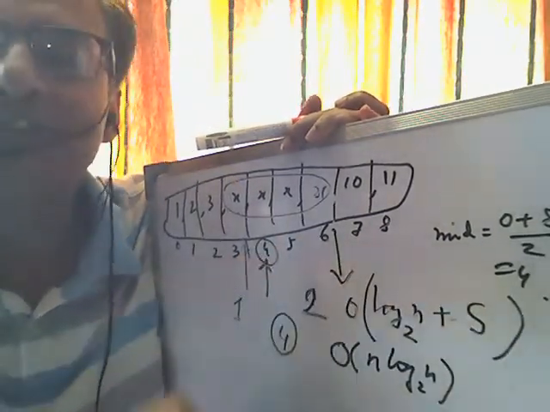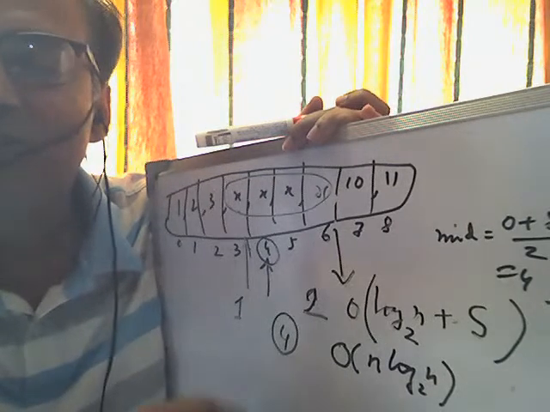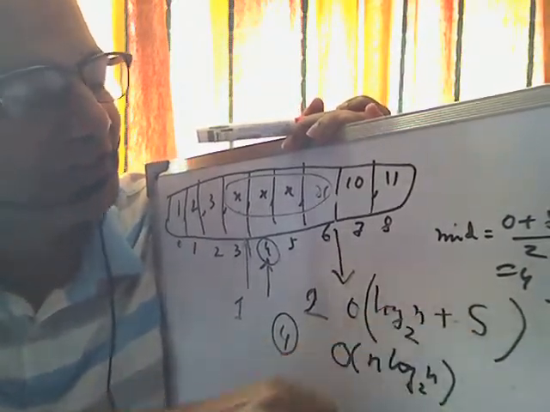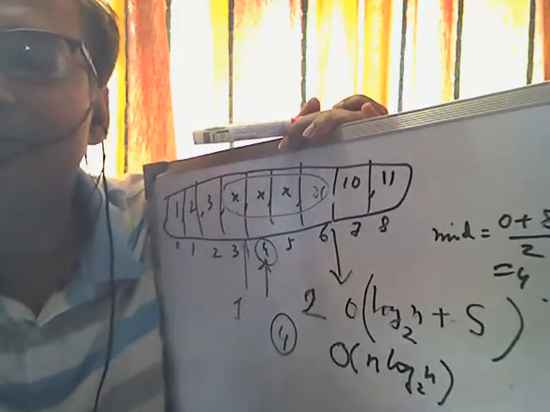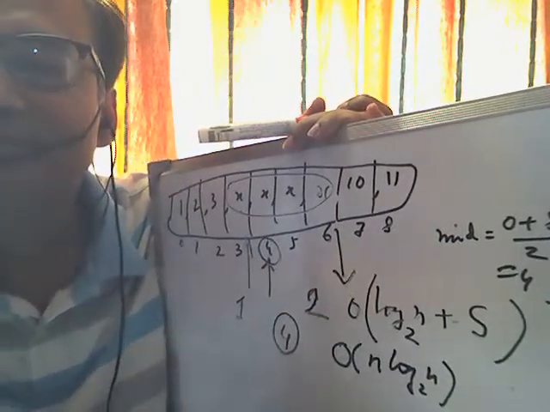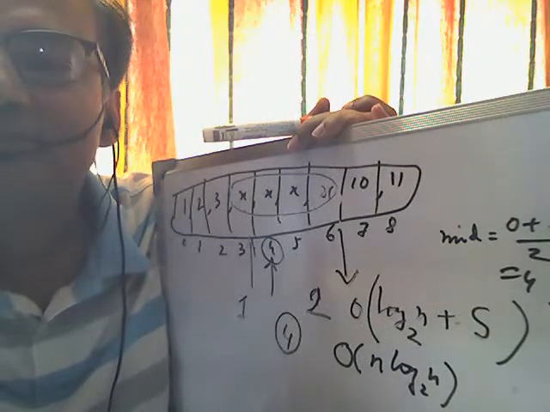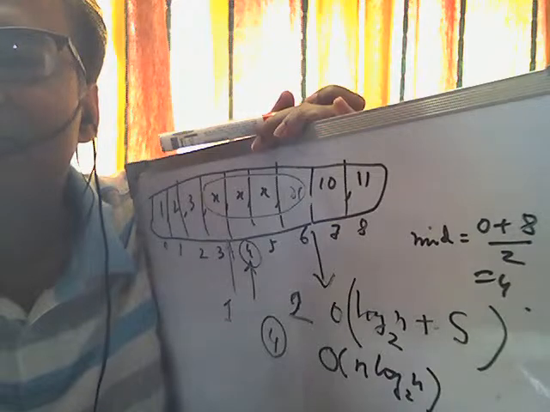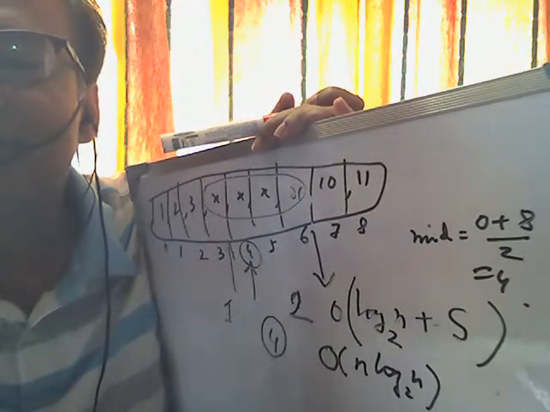So this is called an output sensitive algorithm. Those where no output parameter affects the efficiency are called input sensitive algorithms, right?